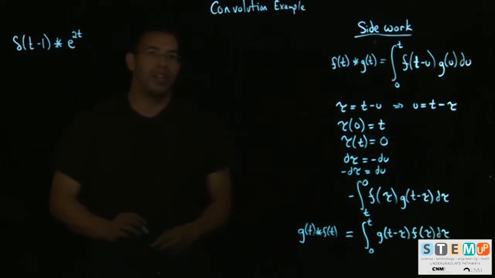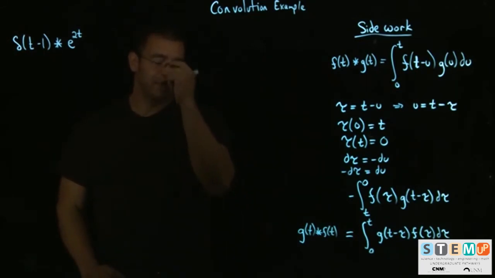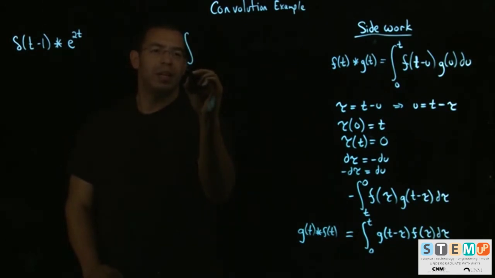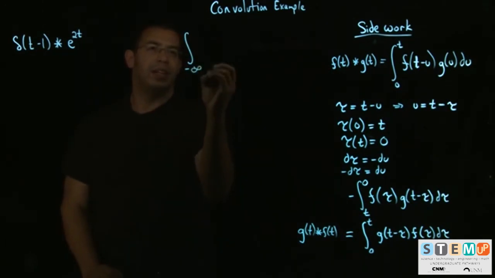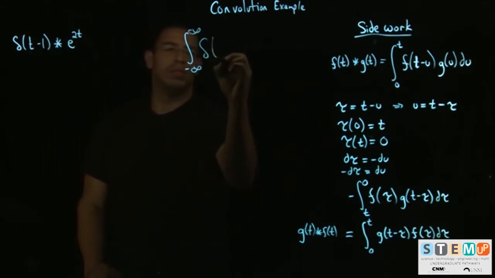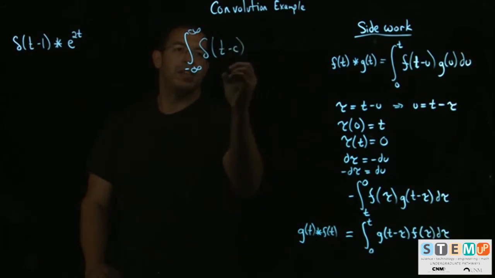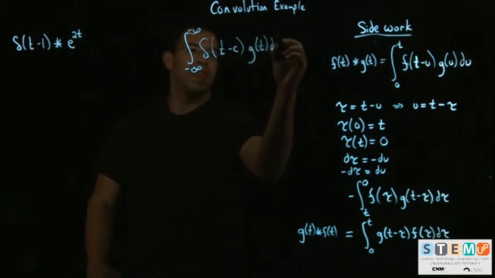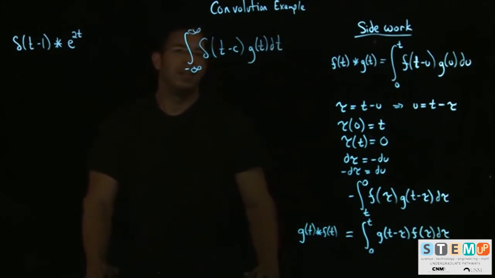There's just one more thing. So if we're going to take the integral from, let's say, negative infinity to infinity of delta of t minus c with g of t dt, what's that equal to?